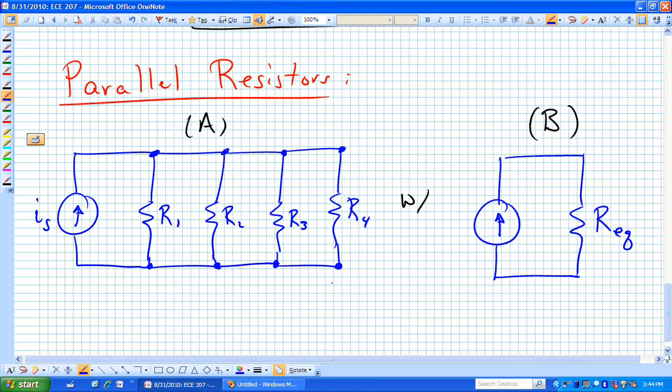This current source that has an arrow in it, it's going to deliver a current, whatever that current is specified to be. If that current source is a 1 amp source, no matter what you hang on the other side of it, it's going to supply 1 amp. The voltage might be 20 volts, it might be 2 volts. It's always going to deliver 1 amp.